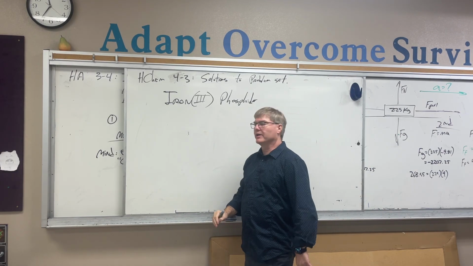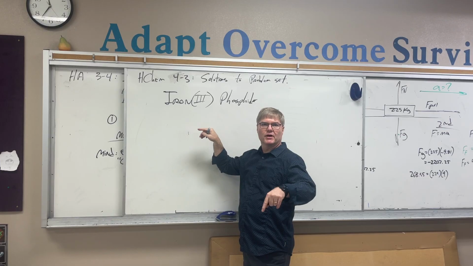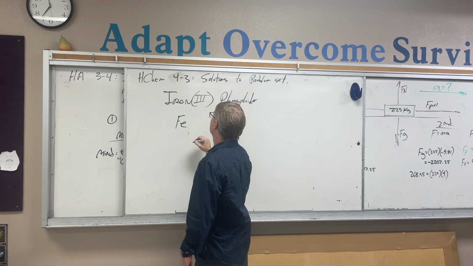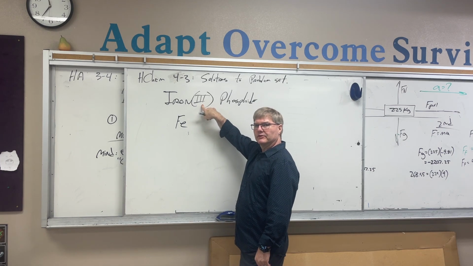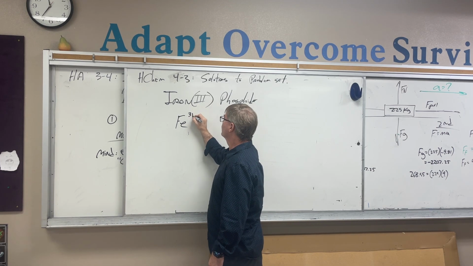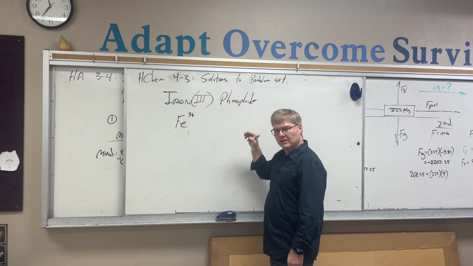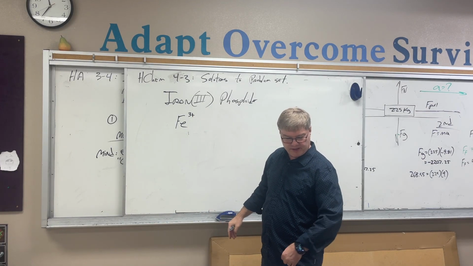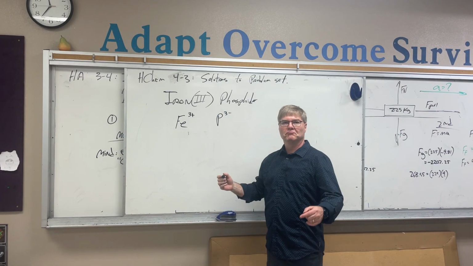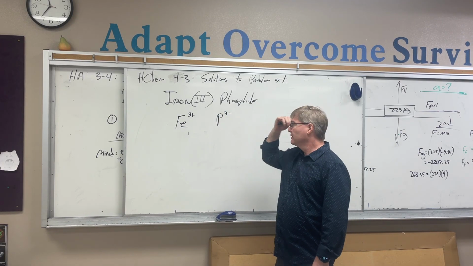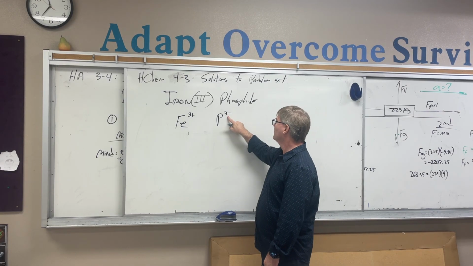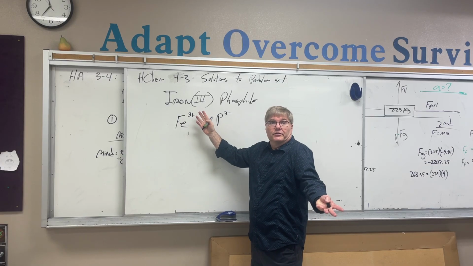All right, step 1. That's the positive ion. I'm going to go hunt for it on the list, and it is Fe. It's a transition metal, so it takes multiple charges. This is the 3 positive version of it. Phosphide. All right, I'll go hunt for phosphide. I find it. It is P3 minus. It's just a simple ion. Now, I need to check charge equivalence. Oh, they are equivalent.